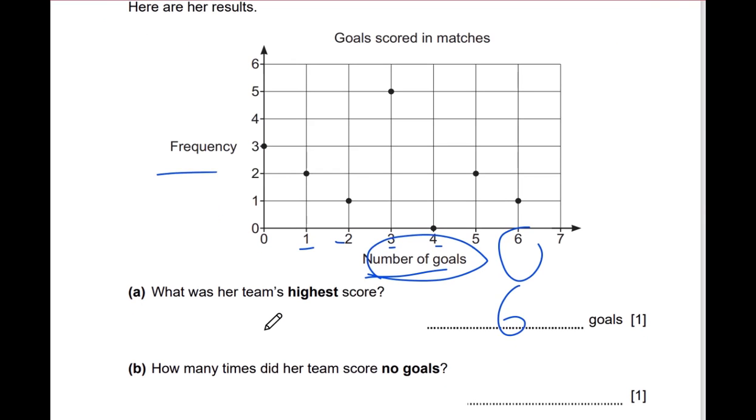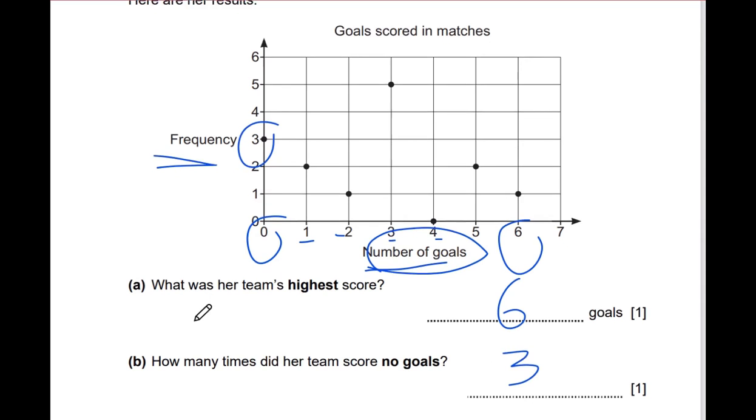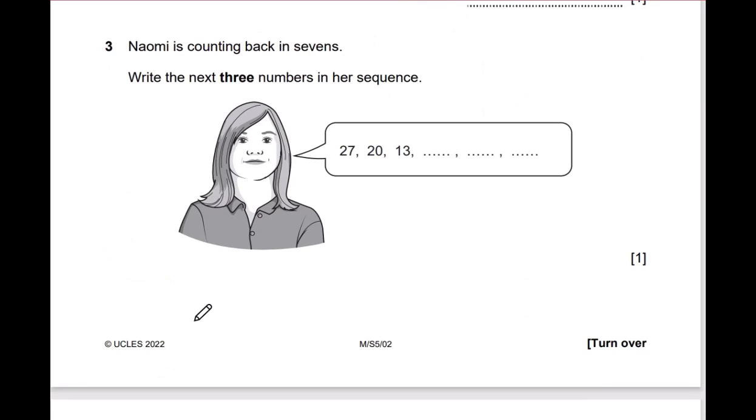Okay, let's get back to the answer. No goals means 0. The frequency is 3 for 0, so we have the answer 3. Isn't it easy, guys? Let's get to question 3.